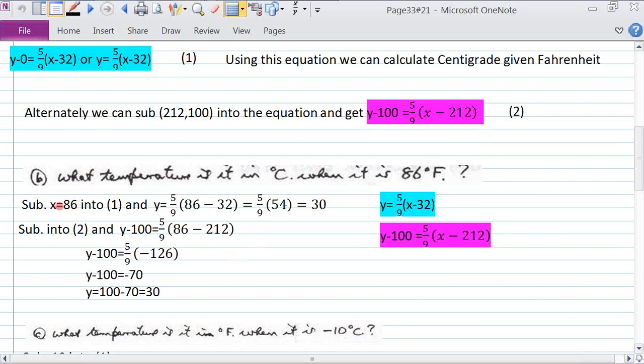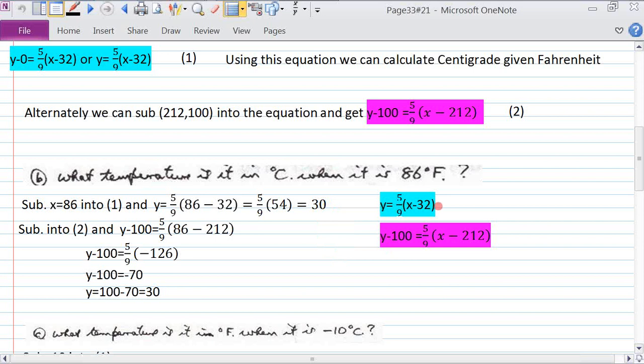If we substitute x equal to 86 Fahrenheit, that's what we're given here, and we want to calculate the corresponding value in centigrade into 1, we get y equals 5/9 times 86 minus 32. 86 minus 32 gives me 54. I divide 9 into 54, I get 6. 6 times 5 is 30. So what we're saying here is that 86 on the Fahrenheit scale is 30 on the centigrade scale.